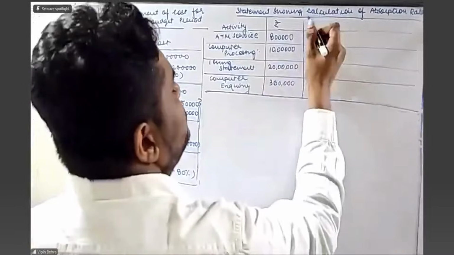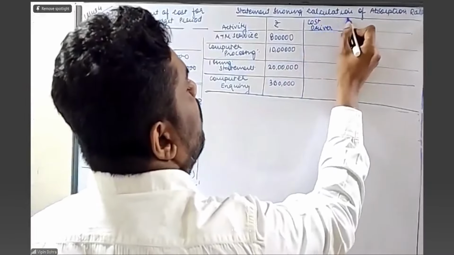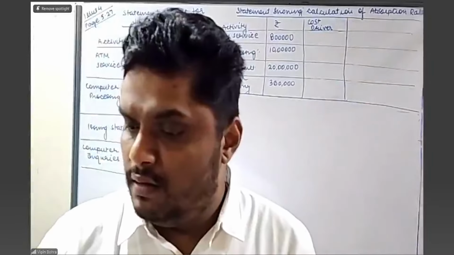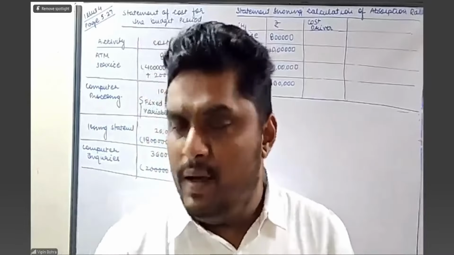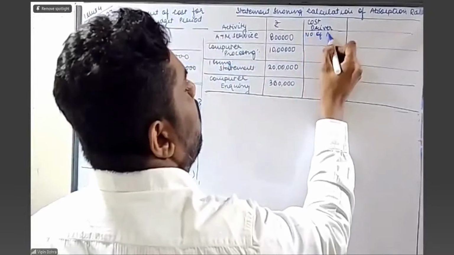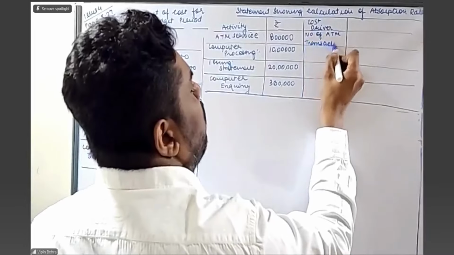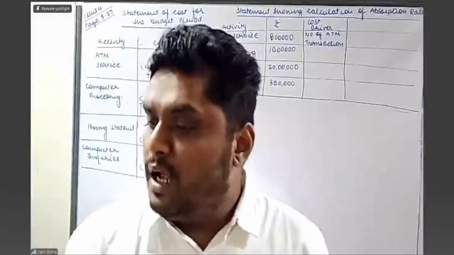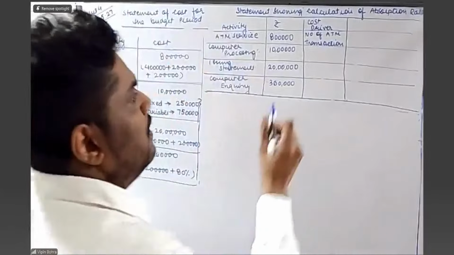Now the basis of absorption, we call it as cost driver. When talking about ATM service, it is absorbed on the basis of number of ATM transaction. When talking about the computer processing, it is given in the question number of computer transaction.